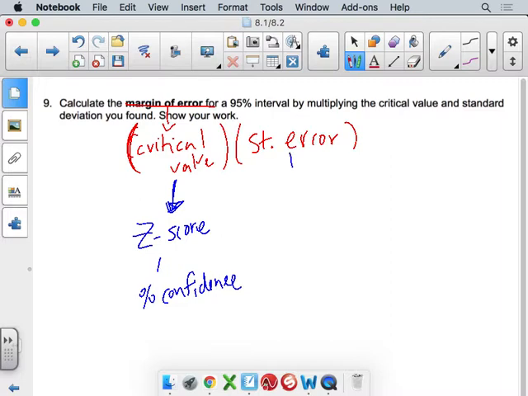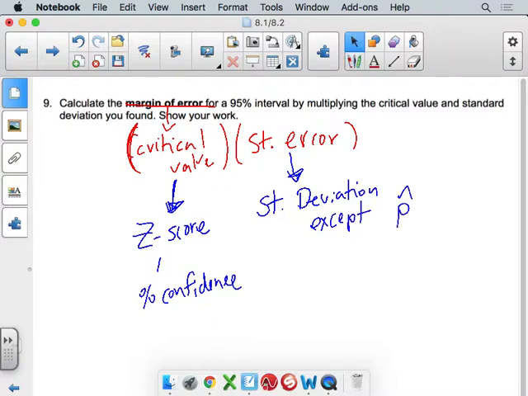And then let me tell you about standard error. So standard error is the same thing as standard deviation, except it's for p hat instead of p. Let me show you on your formula sheet, and it says it on the formula sheet, the same thing.